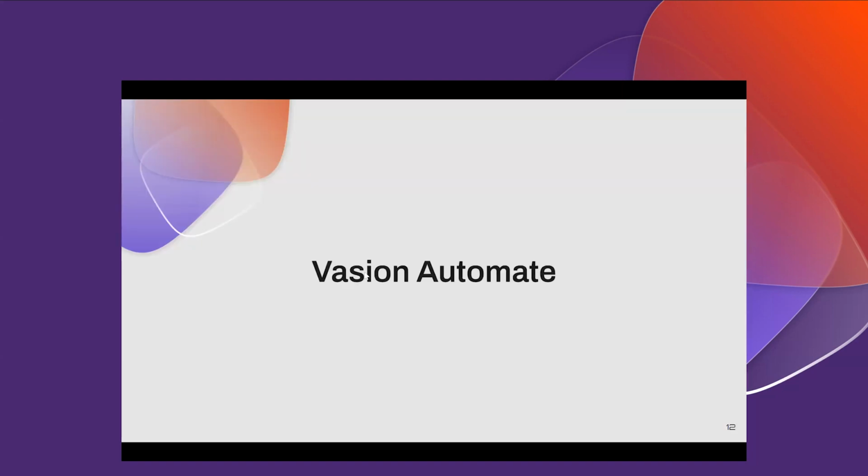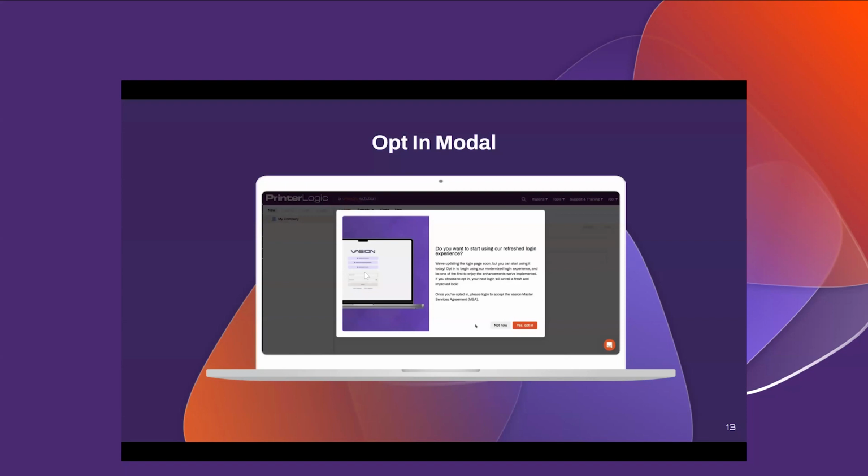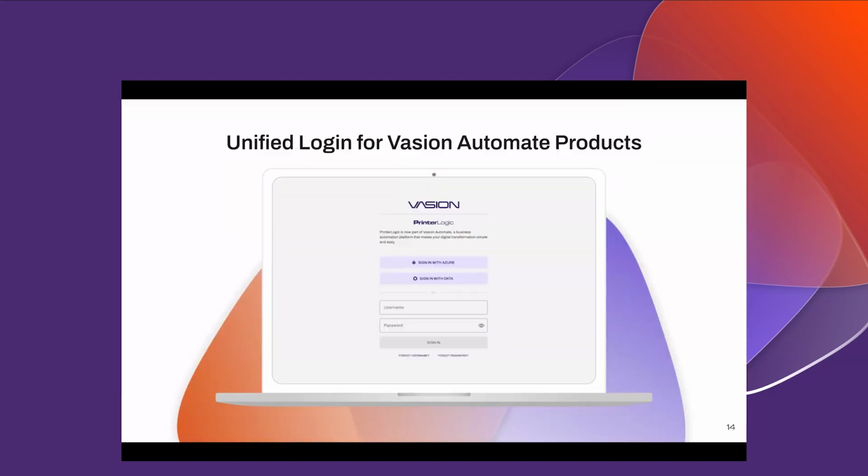With Vasion Automate, it's all going to start through opting in. When you receive this modal, it'll ask you if you want to opt in to get our refreshed login experience. Once you choose to opt in, it'll log you off, and the next time you log in, you'll have the new login page. This is a unified login page that gives you access to both the Vasion Automate product as well as print.